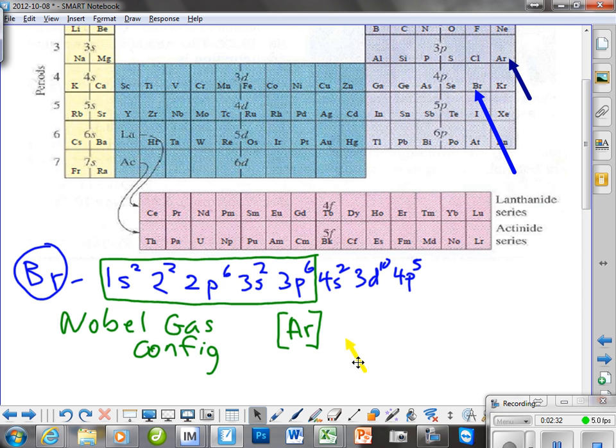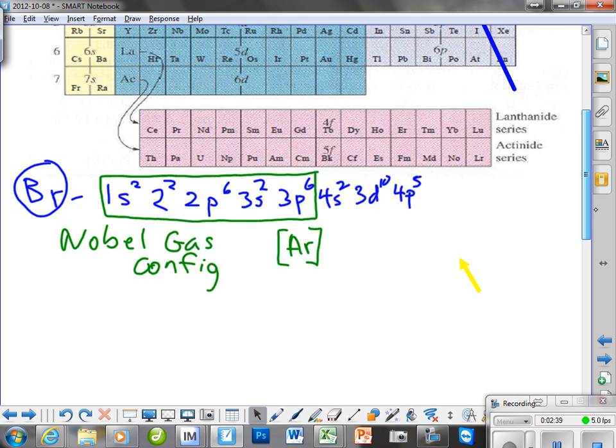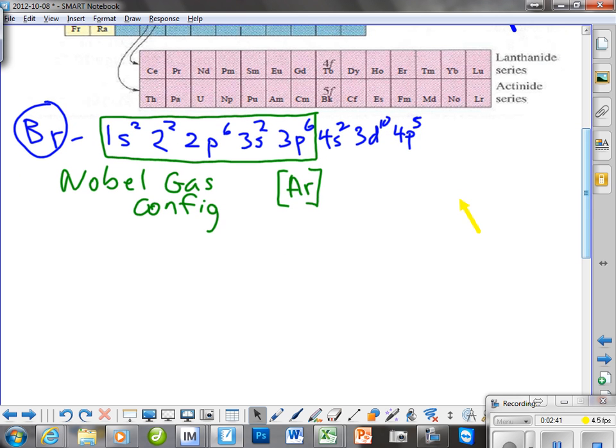What we're going to do now is simply copy this part of the configuration, because that part always has to be there. That represents the electrons at the highest principal energy level. And so we go ahead and complete that.